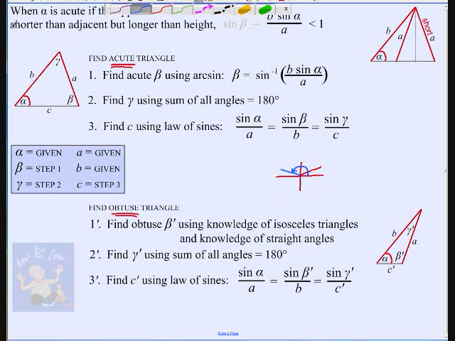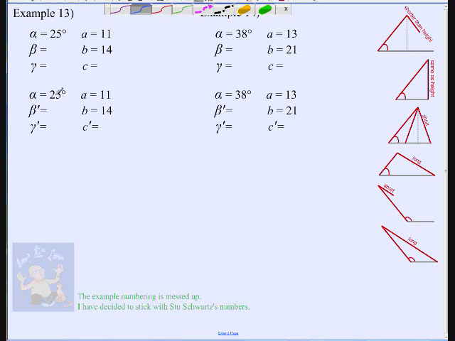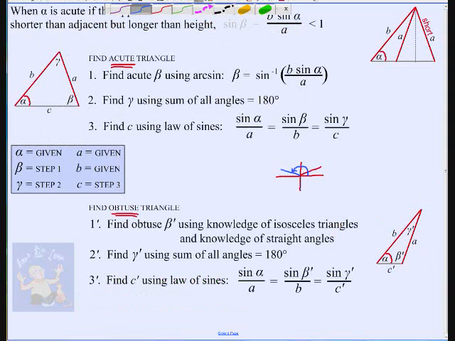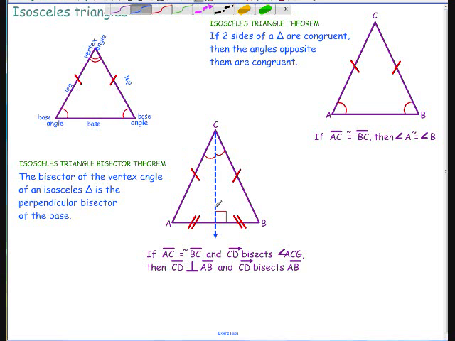There are so many ways to go about these things. So we're going to do example 13 again, and think about this other way of doing it, using the isosceles triangle.